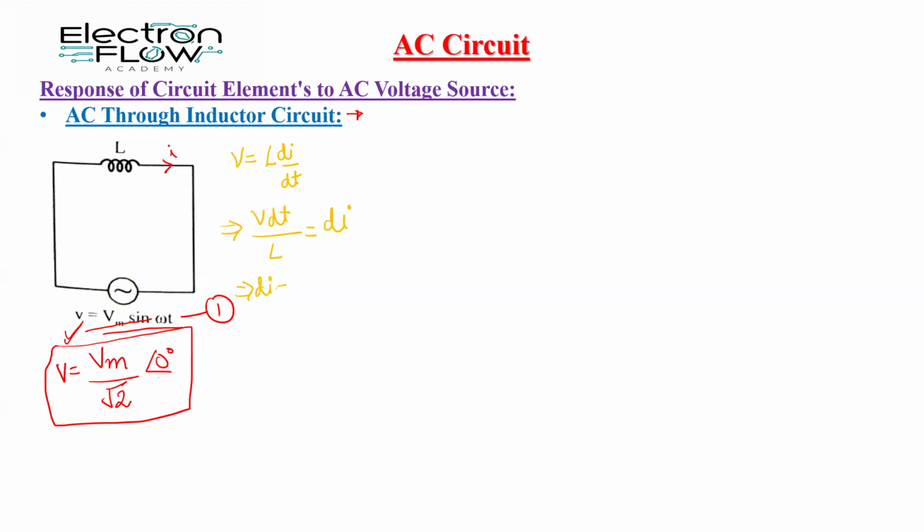Or we can say that di is equal to the voltage source Vm sin omega t divided by L into dt. In order to solve this equation and evaluate the value of I, we integrate both sides.